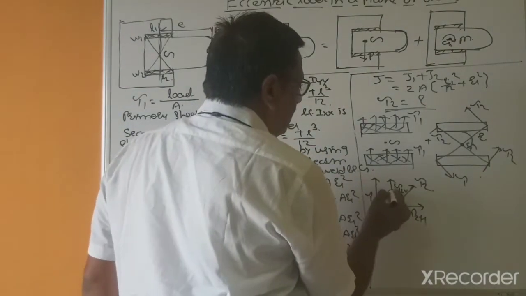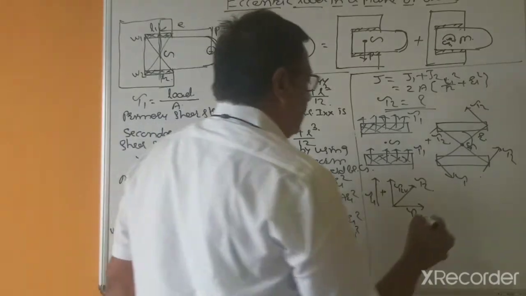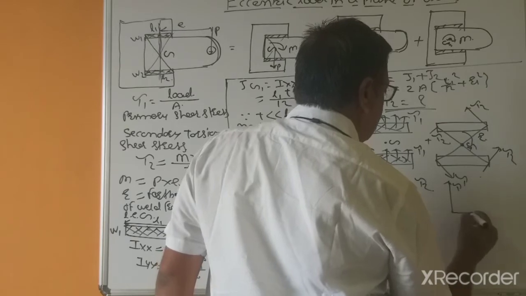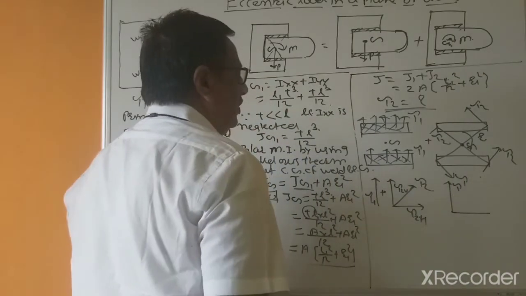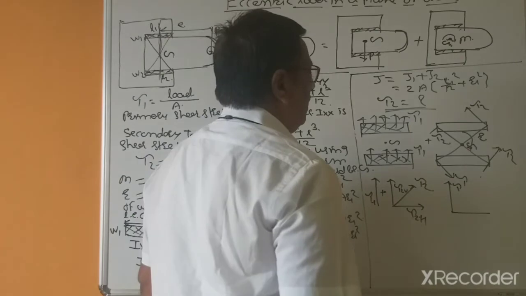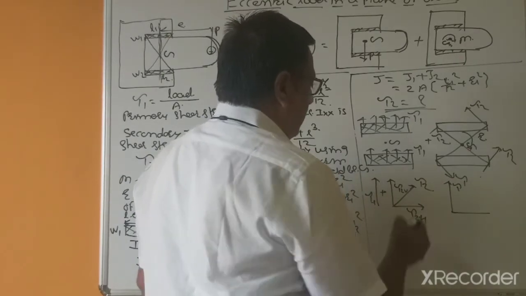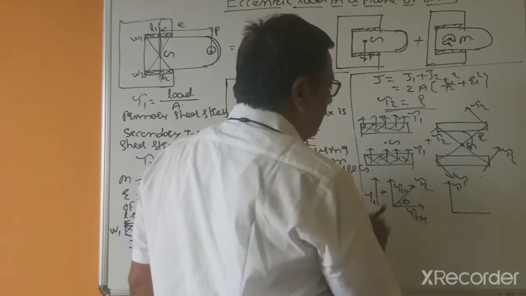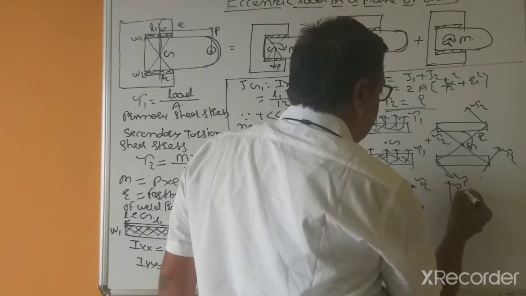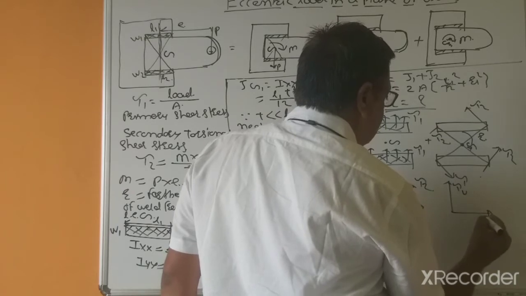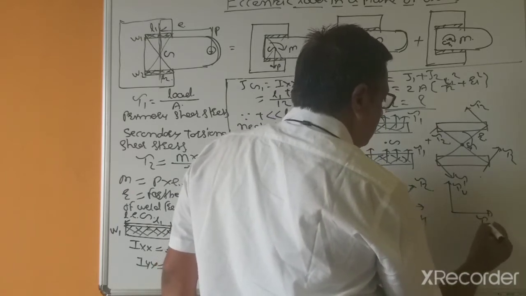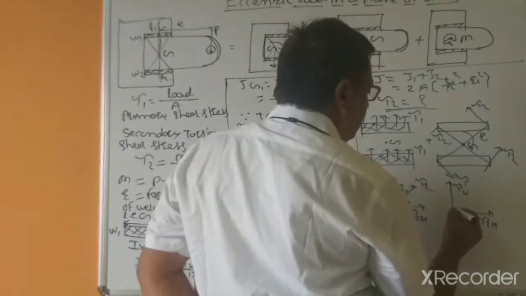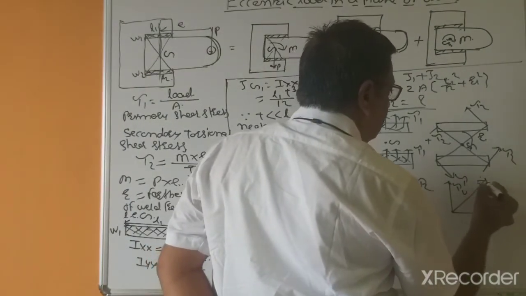Now add these two forces, and this is tau vertical, and by taking these angles, suppose this is theta, so according to that, this is tau V and this is tau 2 H. After that, calculate the resultant shear stress.